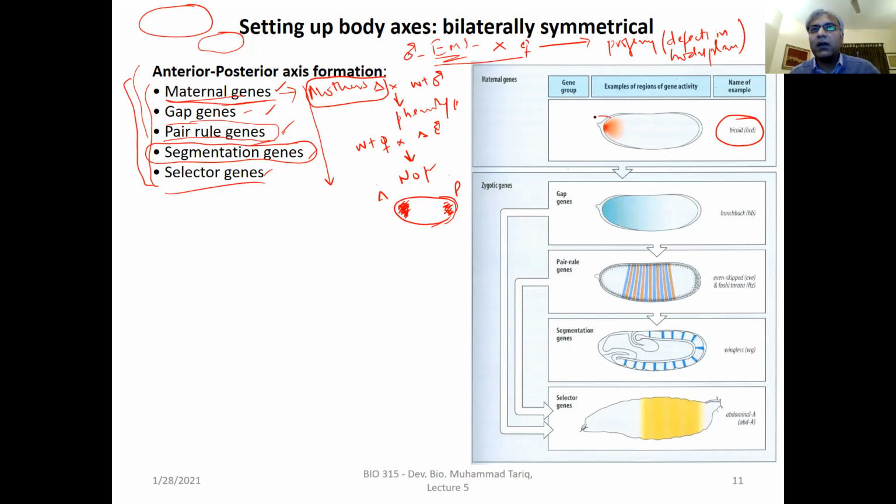And if you lack bicoid in mothers, you know what happens? You are headless. The head is not developed at all.